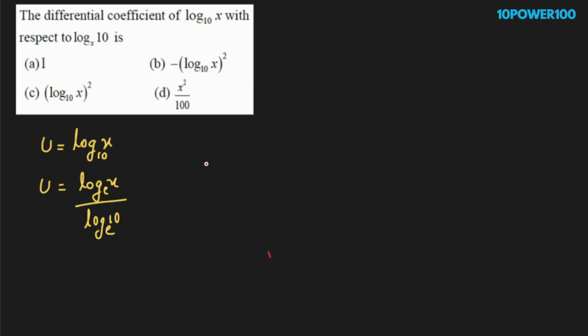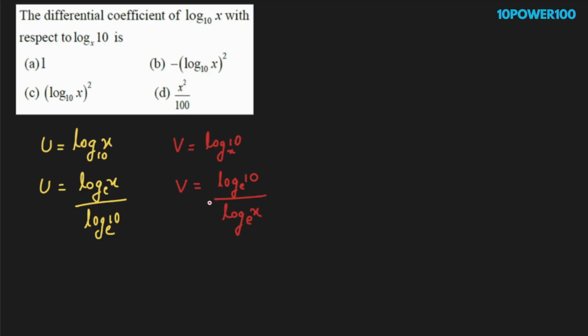Now we'll do the same thing for the other one. So u is this, and v is equal to log 10 the base x. Now if we change the base of log, v is equal to log 10 the base e, divided by, the previous base is x, so log x the base e.